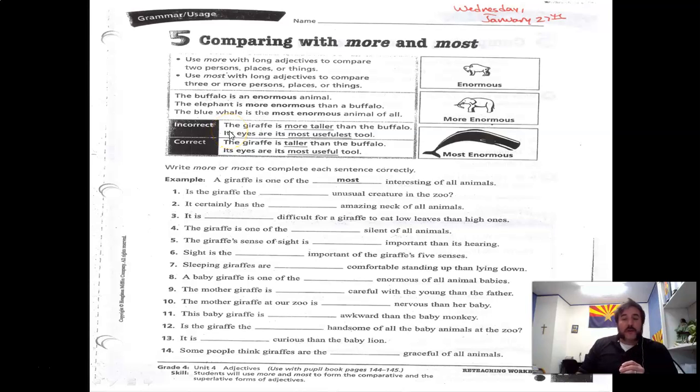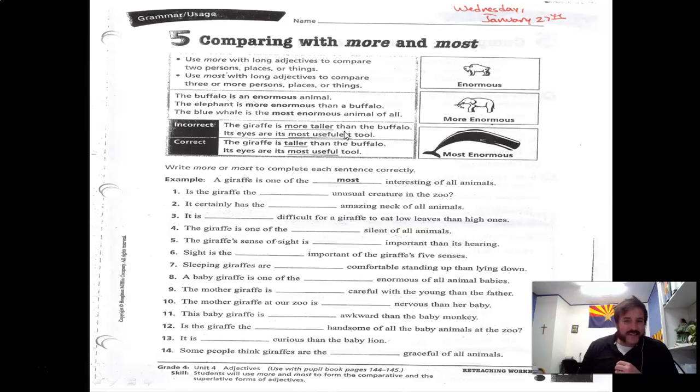Some people go above and beyond, which in this case isn't right. Its eyes are its most usefulest tool. Now, you're comparing the eyes to all the other tools or all the other parts of the giraffe is what this is referring to. But notice they put the word most and they put the ending est.